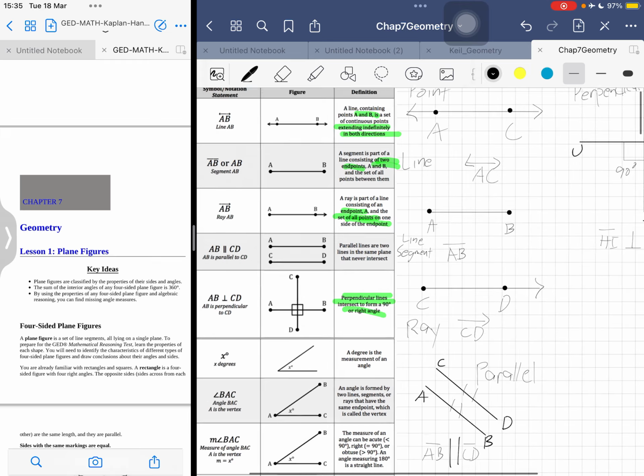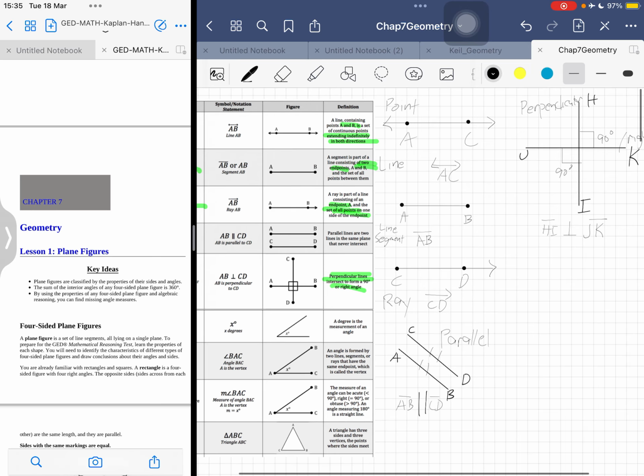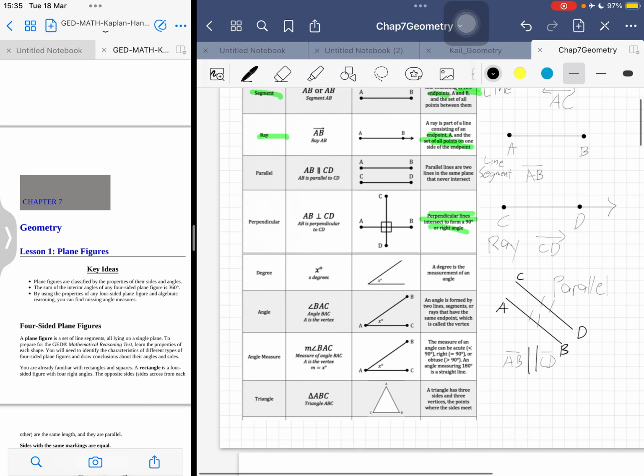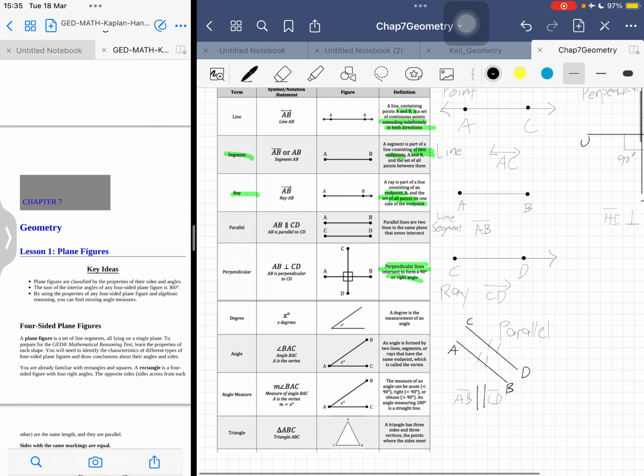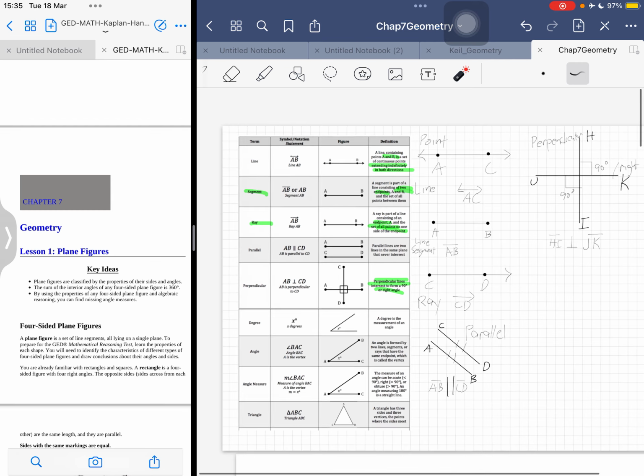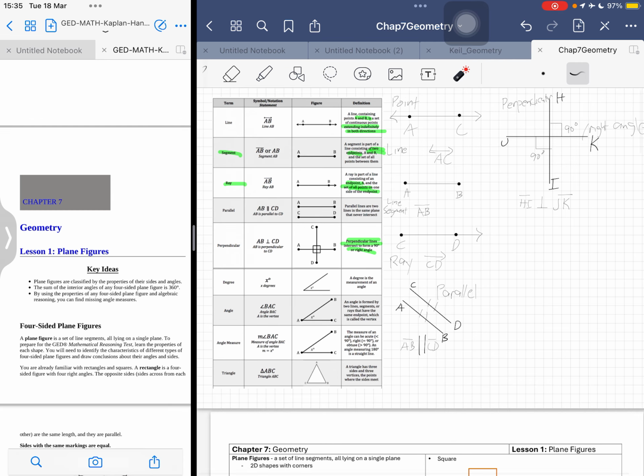We already finished line, segment, ray, parallel, and perpendicular. So I hope you understand.